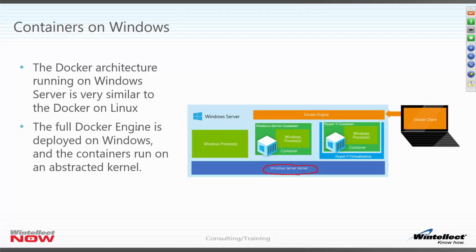The Docker engine is deployed on top of the Windows kernel, and depending on the container type, you get either a Windows container or some kind of Hyper-V container. In any case, with the Docker engine running, you connect to it with your Docker client. You have all of the underlying hypervisor running there, and depending on what kind of container it is determines the kind of abstraction you get.